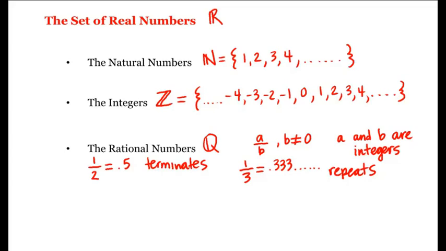Now, if a real number is not rational, then it's what we call an irrational number. And the set of irrational numbers we represent by a capital I. So these are real numbers that are not rational.